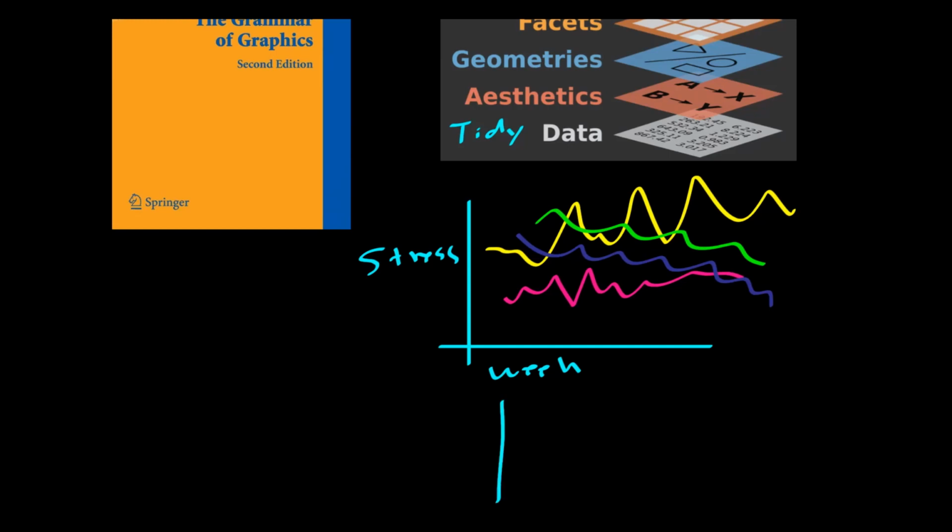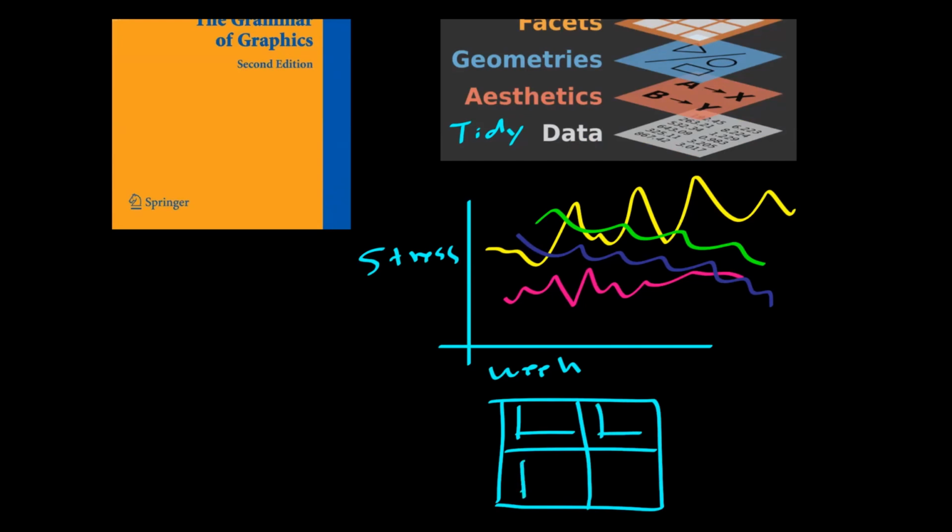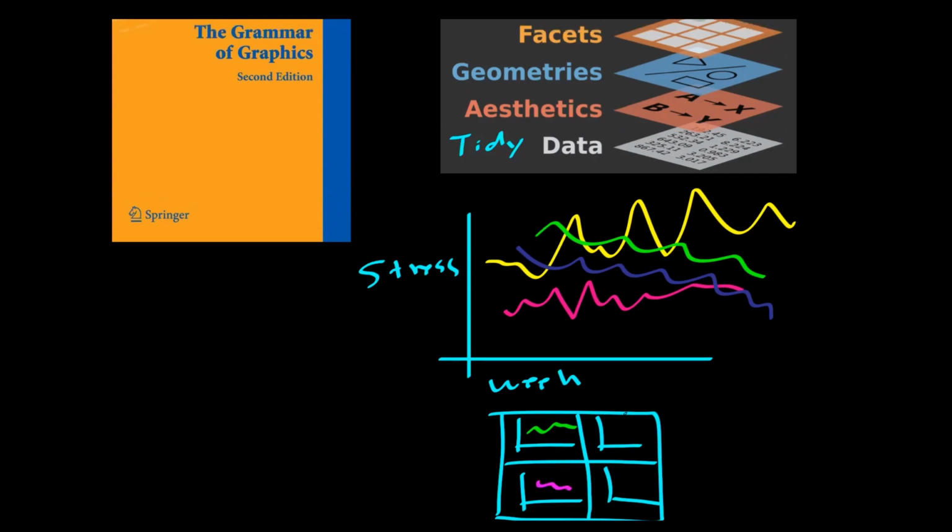So instead of getting one plot, you would get a 2x2 grid of plots, each of which would have the same X and Y axes, and each of which would be based on the same underlying data, but filtered so that maybe this person's data is here, and this other person's data is down here, and so on.